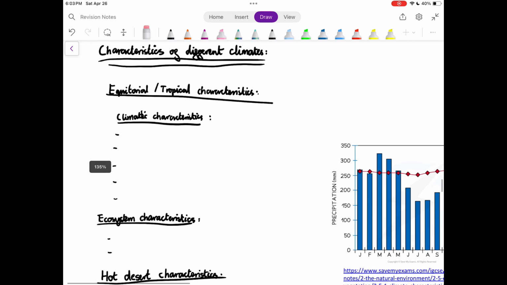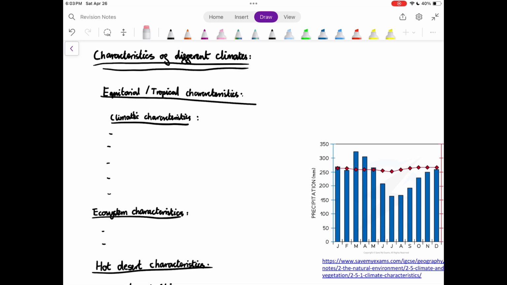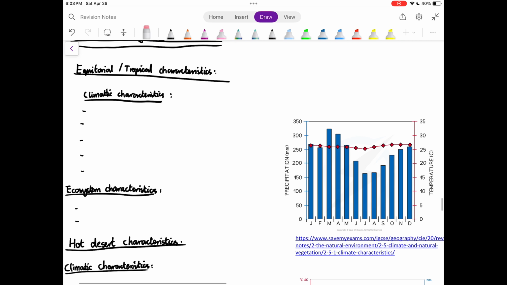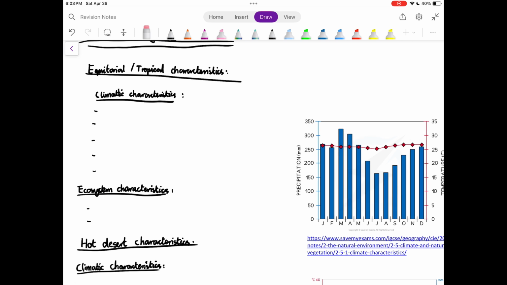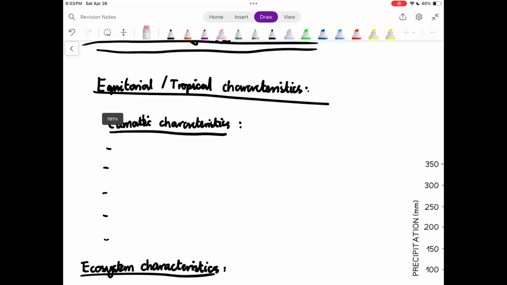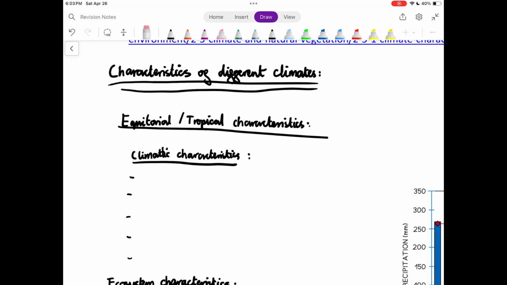So now we're going to be looking at the characteristics of different climates, and we're also going to be looking at the climate graphs of the different ecosystems and see how they differ from each other. First, we're going to be looking at equatorial or tropical characteristics. The climatic characteristics include being near the equator.